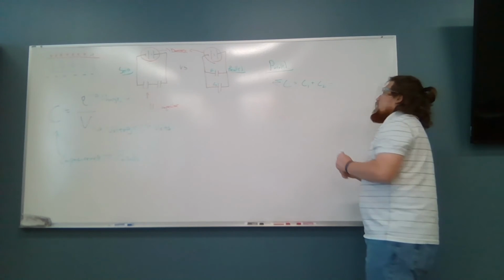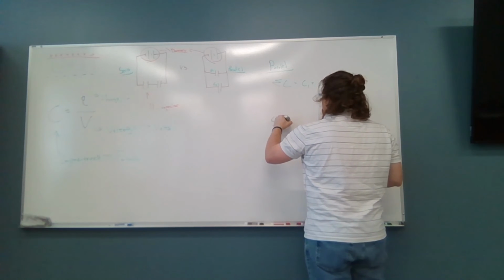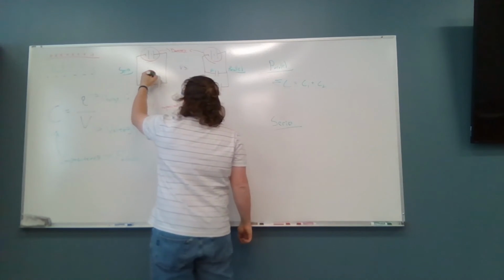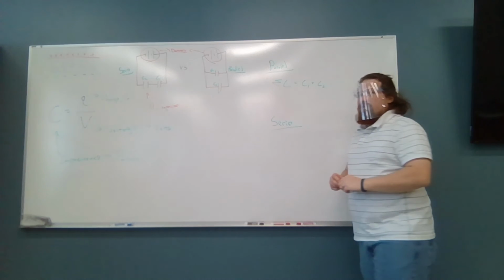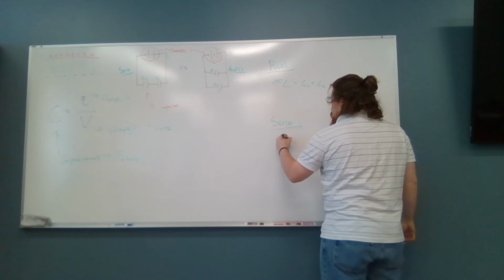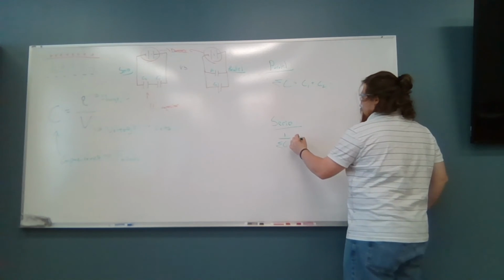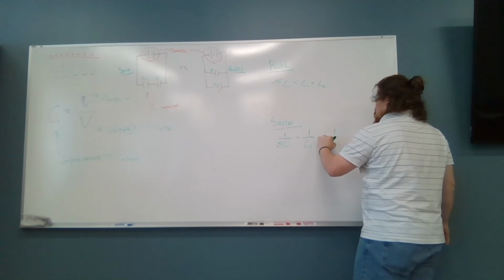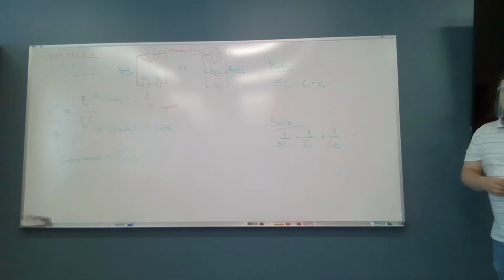This is different to if you were wiring a bunch of capacitors in series. So I'm going to label these as C1 and C2 as well. And this formula looks a little funny. 1 over C total is equal to 1 over C1 plus 1 over C2, so on and so forth for however many capacitors you have.